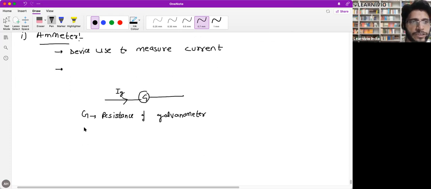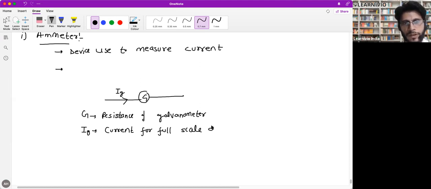The next is Ig, current for full scale deflection. So G is the resistance of the galvanometer and the current for full scale deflection is Ig.